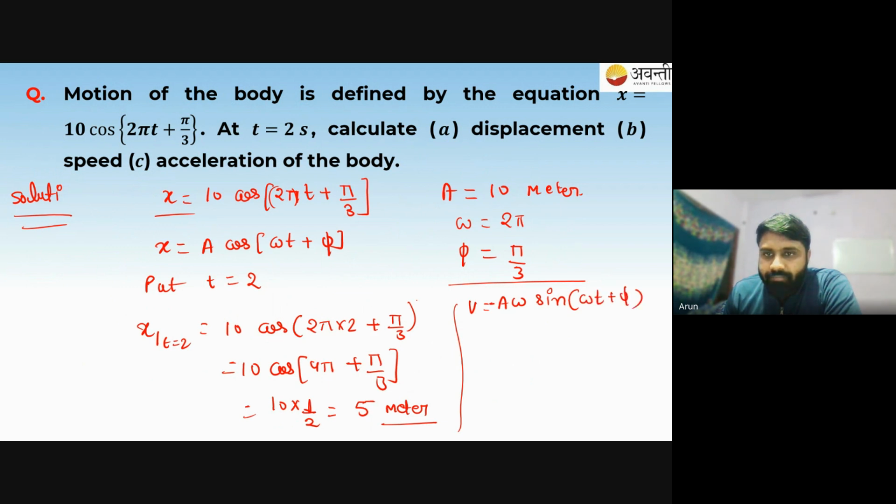plus phi. Again, a you have 10, omega you have 20, and this is obviously minus sine omega t plus phi, 2 pi t, t will be 2 seconds, so it will become 4 pi again plus pi by 3. So 4 pi plus pi by 3, again the angle lies in the first quadrant, it will be positive, sine pi by 3 will be root 3 by 2.